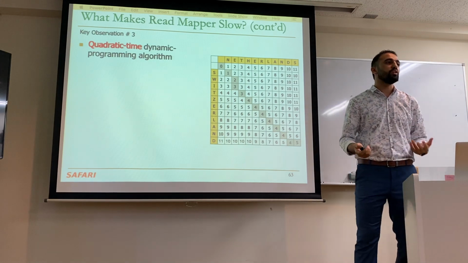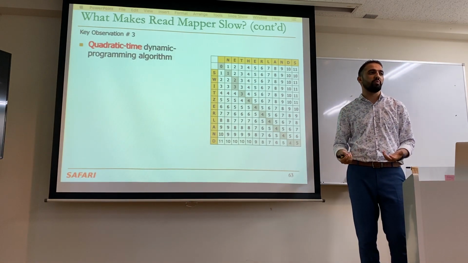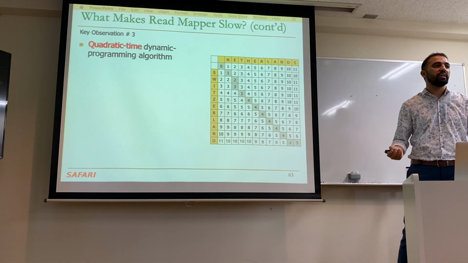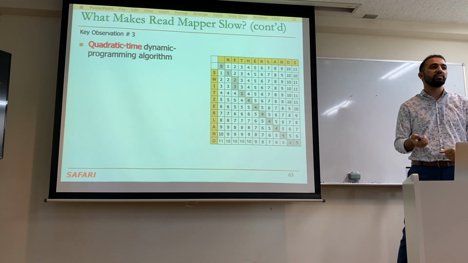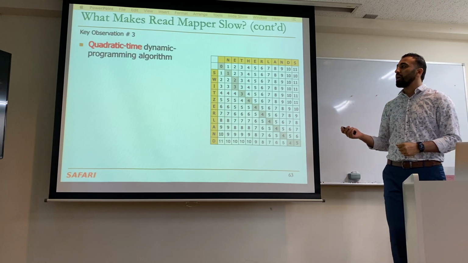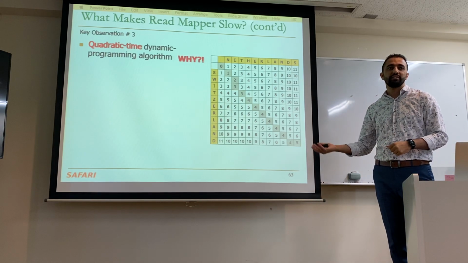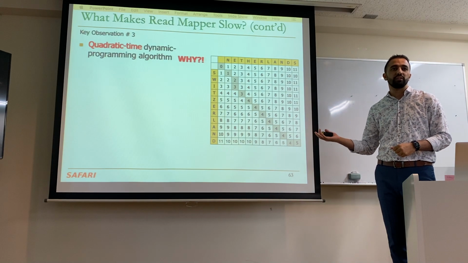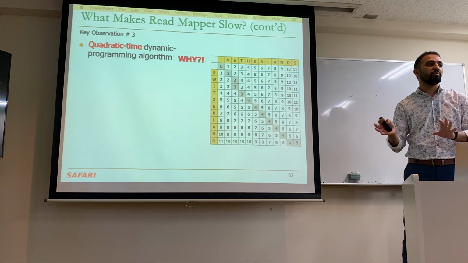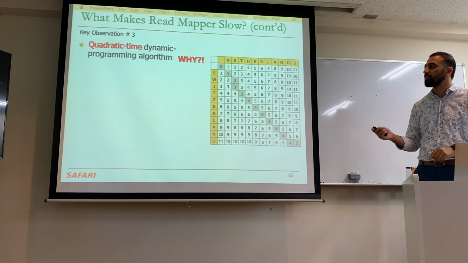But why did we use the dynamic programming algorithm in the first place? Can't we just use a linear time algorithm, for example, that can find these differences and that's it? So actually, dynamic programming by itself is really fundamentally beneficial for us. We really need it. We cannot simply replace it with a linear time algorithm.